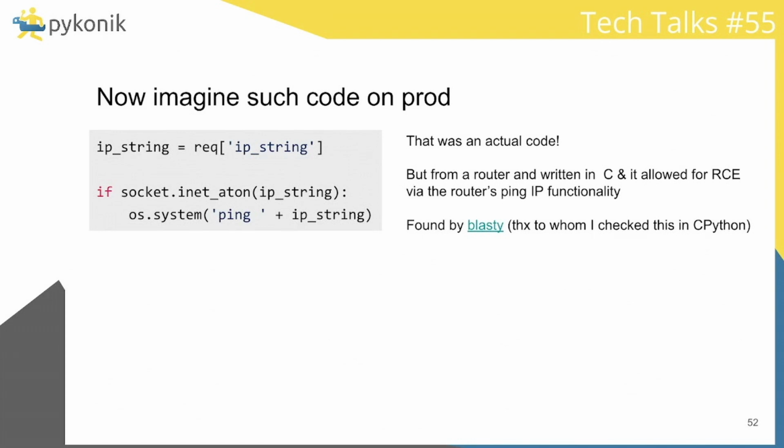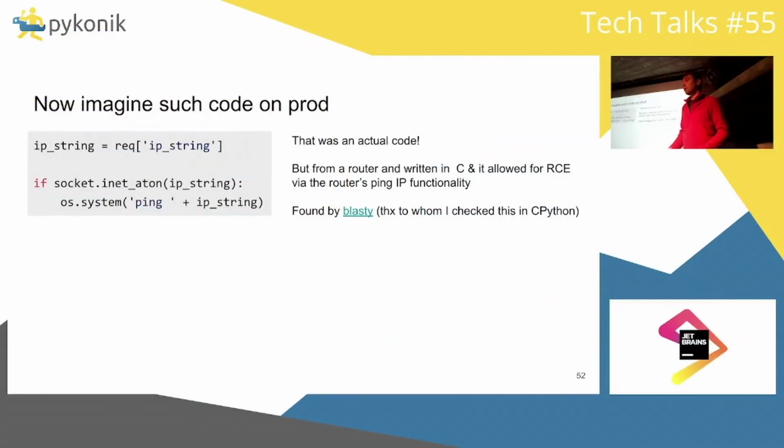It was working on one of the routers. The router used inet_aton to validate IPv4 address strings, and then concatenated it with the ping command and executed system. Which means that if you logged into its admin panel and used its ping functionality, you could execute any command on it.